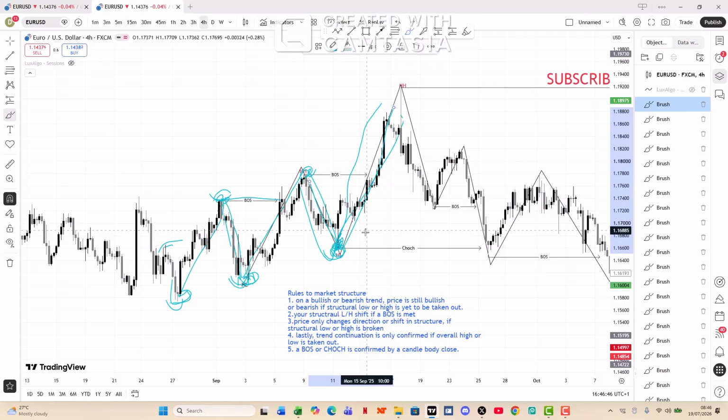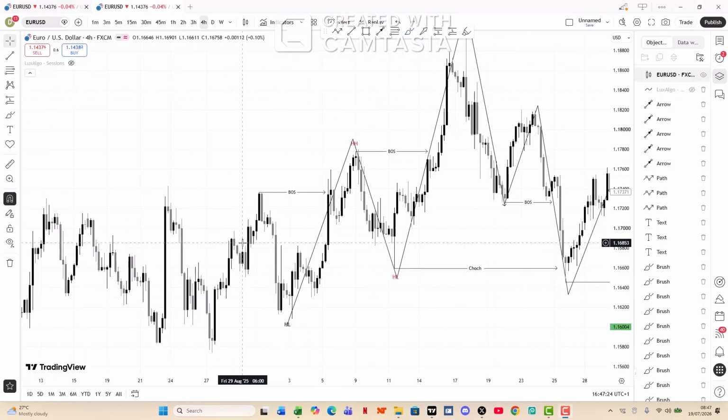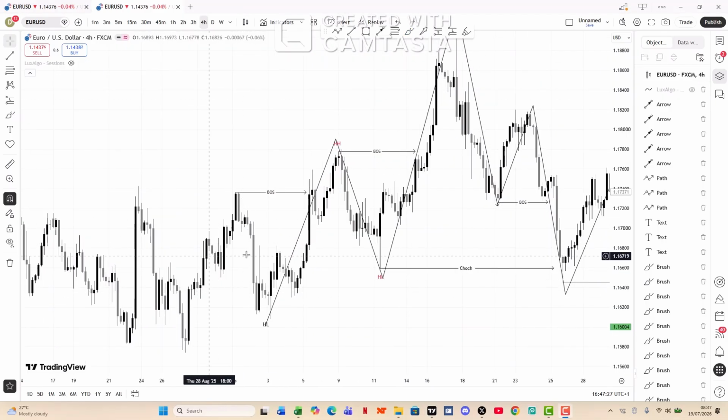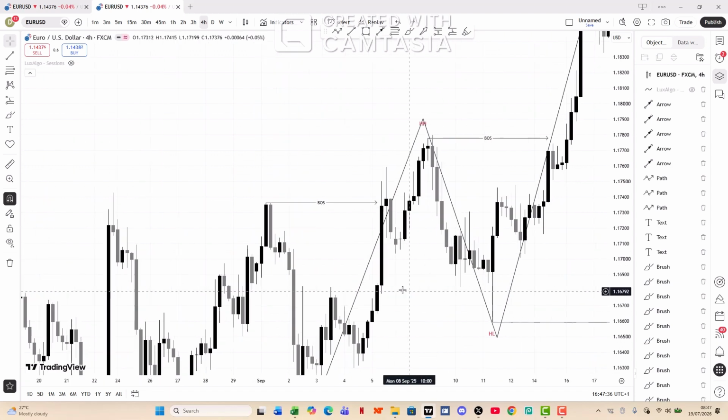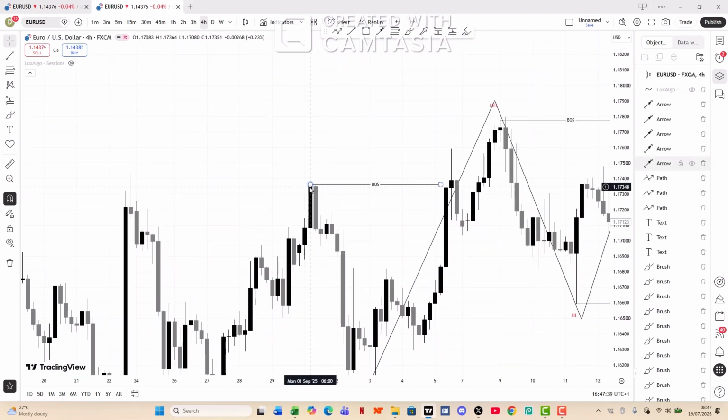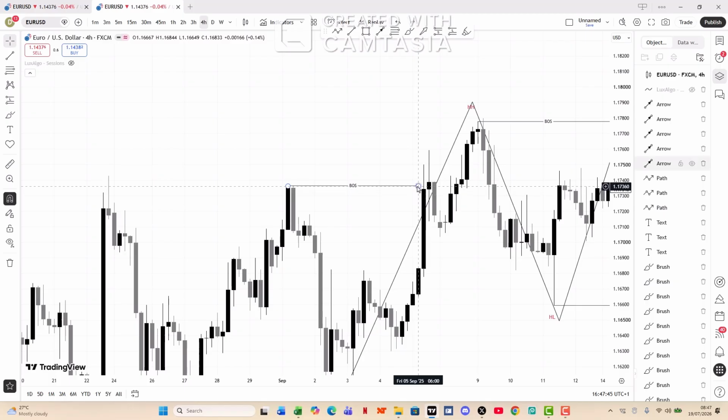The last one is: a break of structure is confirmed by a candle body close. If you look closely, let me zoom in quick, this high was our previous high. So we're looking for a candle breach of that high to confirm a break of structure.